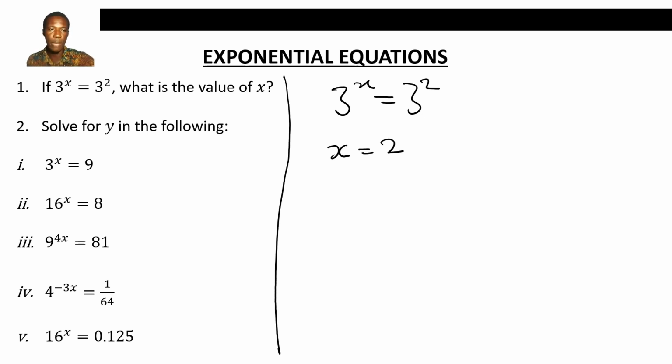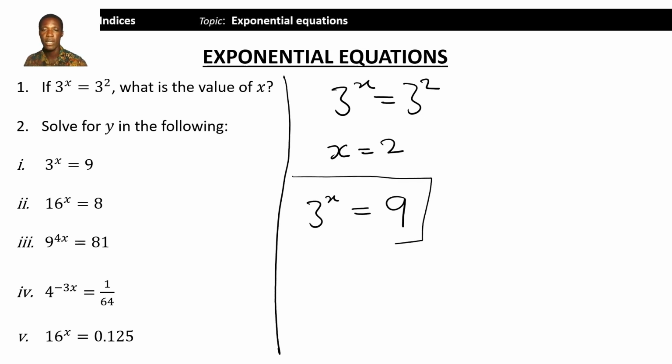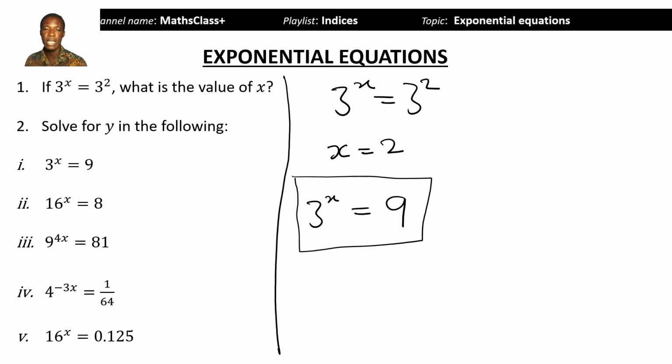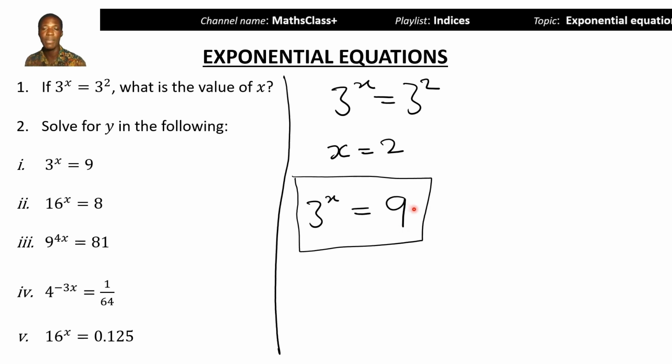Okay, now example 2, the first question. 3 to the power x is equal to 9. Now when you have an equation like this, what you have to note is to check whether the other number, so in this case the 9, can be expressed as 3 to the power something, so that the bases will be the same.